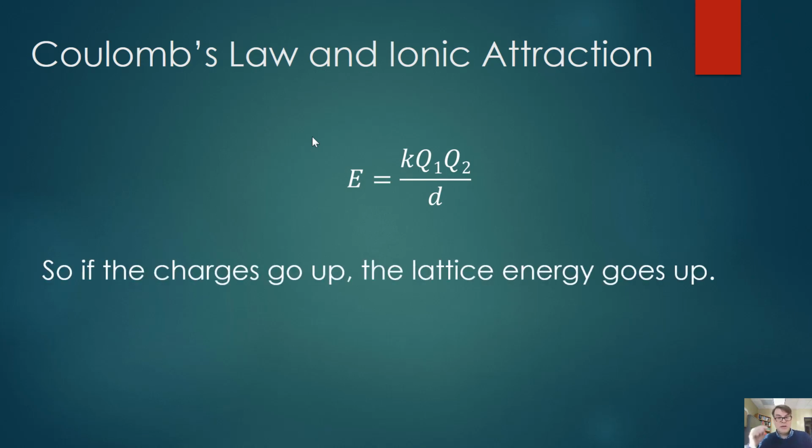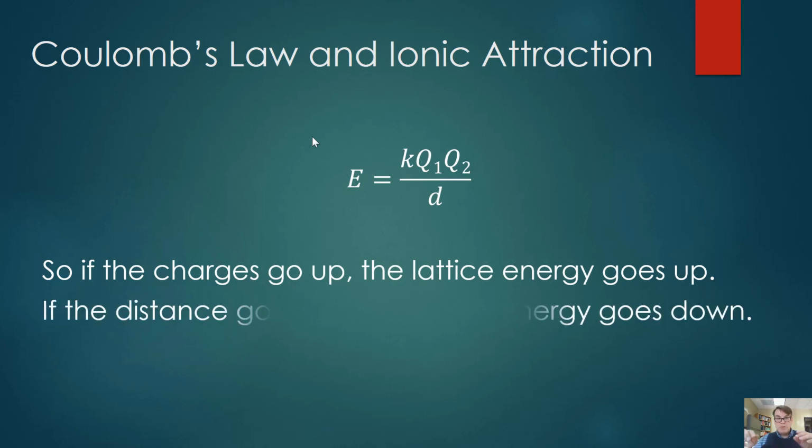What this means is that the bigger the charge, the greater the attraction between the two, say, ions. And then the D means that the farther the distance, the less attraction there is. So as the charge goes up, the attraction between two charged particles goes up. As the distance goes up, the attraction between them goes down.